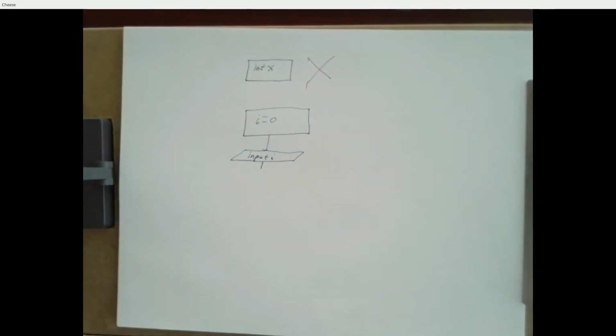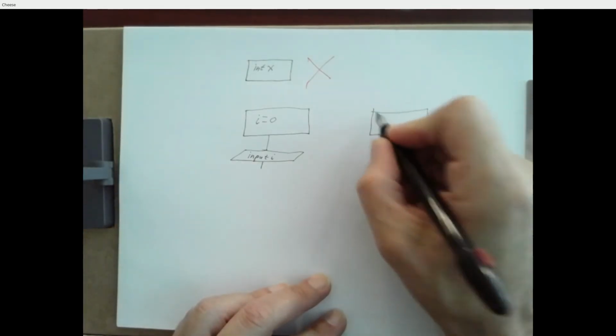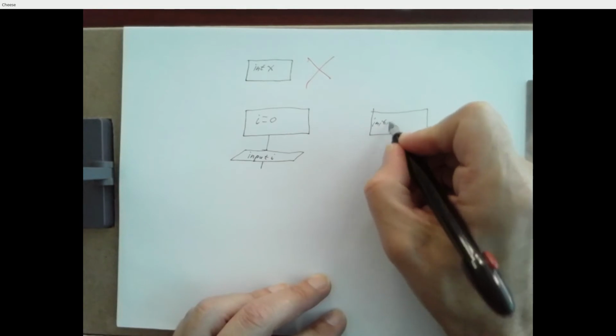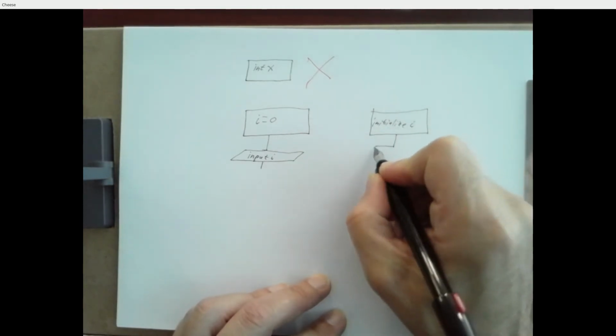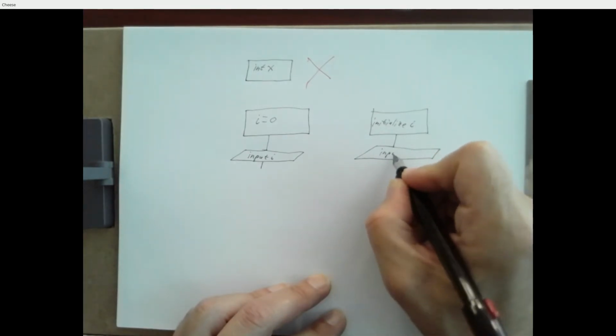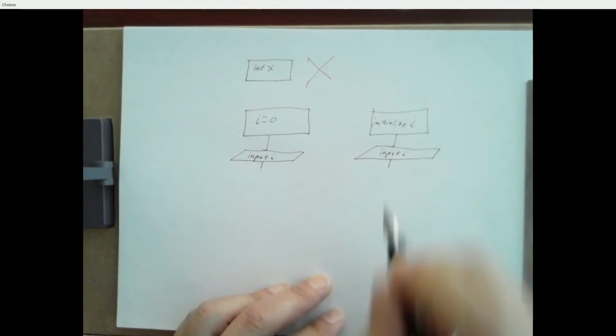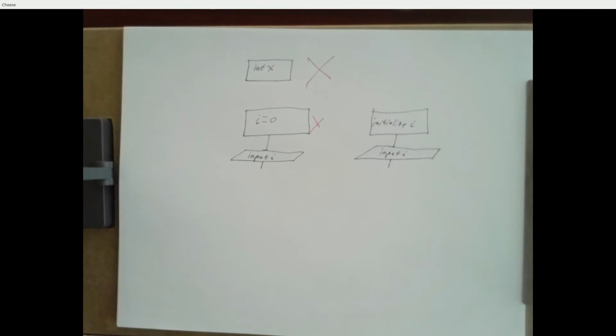Set I equal to 0 and then input I. Or in some cases, I saw something like this: initialize I, and then input I. And this is clearly, to me, unnecessary.